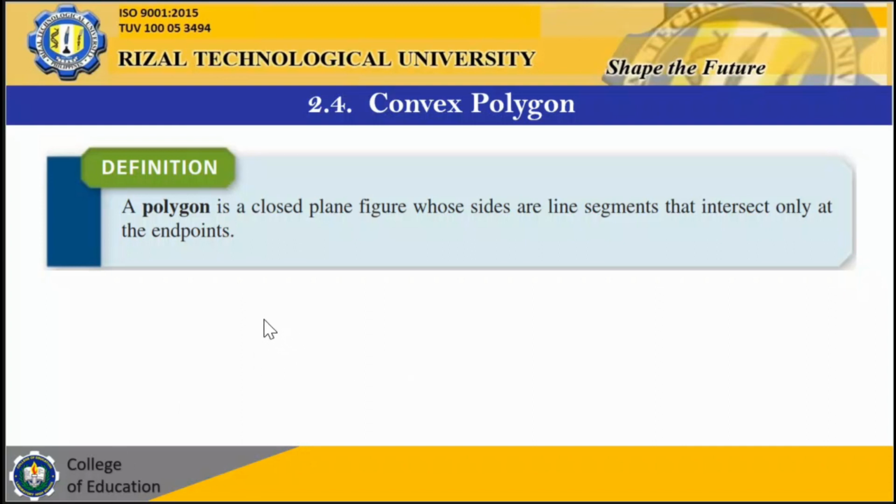I would like to note here that it should be a closed plane figure, that the sides are line segments, and that they only intersect at the endpoints, meaning to say, at its vertices.